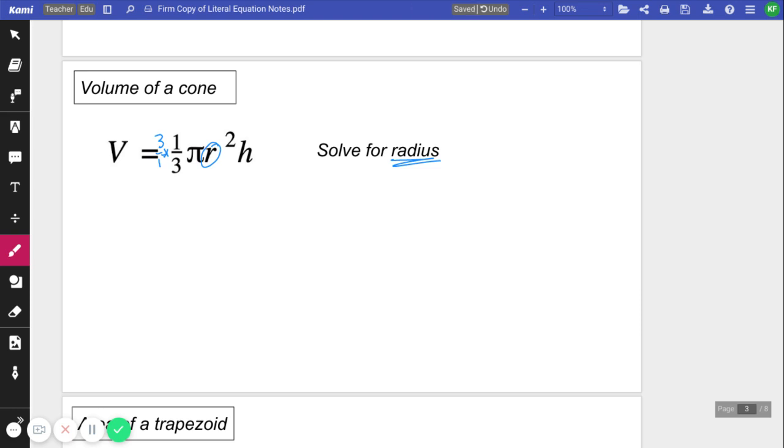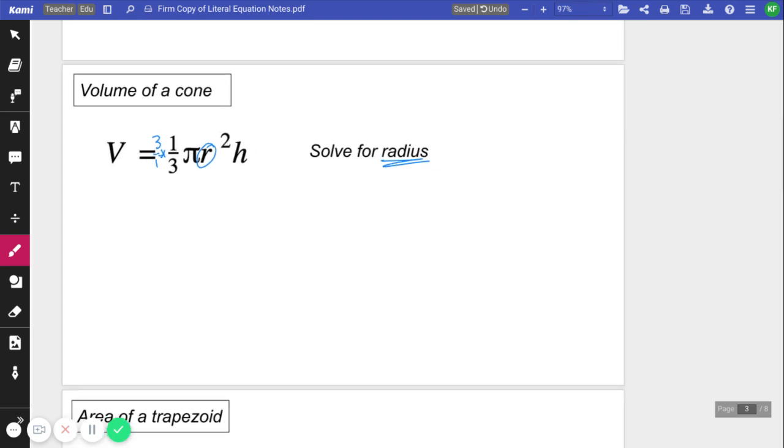Remember, that means you're flipping the fraction upside down. So I'm really like multiplying both sides by 3. I want to make sure if I do it to one side, I do it to the other side. So this would be 3v equals, now I have pi r squared h that remains on the right side.